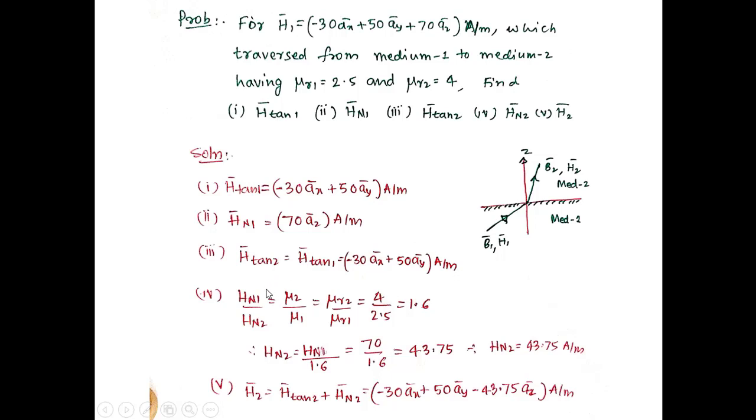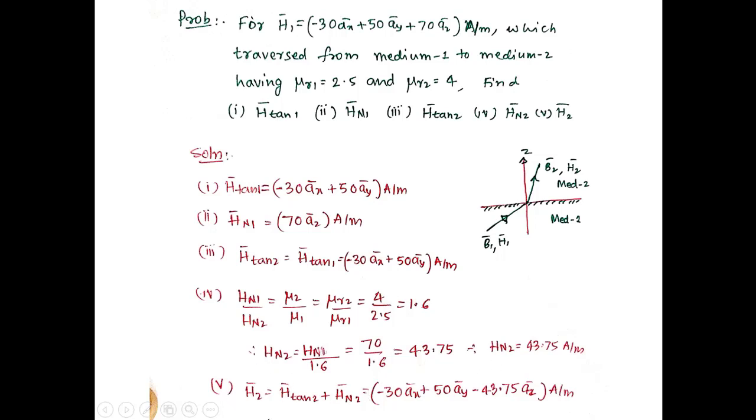But Hn1 divided by Hn2 is equal to mu2 by mu1, which is equal to mu r2 by mu r1, equal to 4 by 2.5, because mu r2 is equal to 4 and mu r1 is equal to 2.5, so we'll get 1.6. Therefore, Hn2 is equal to Hn1 divided by 1.6, 70 divided by 1.6, 43.75.